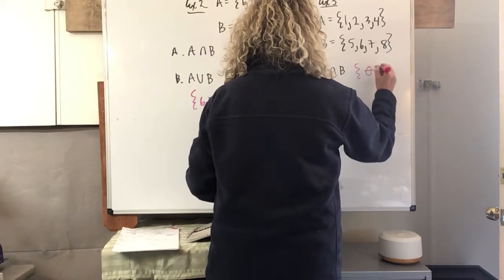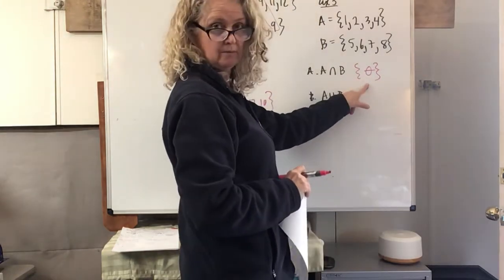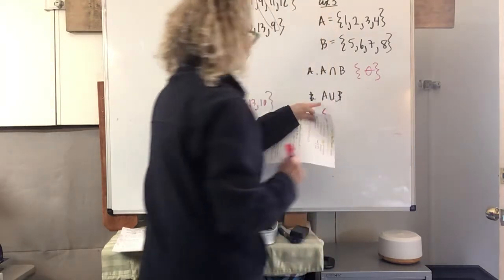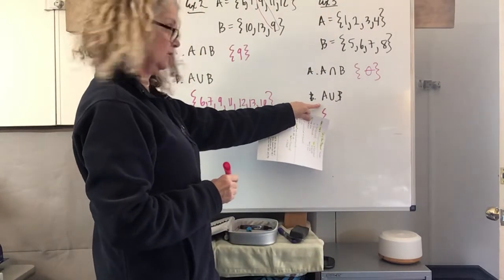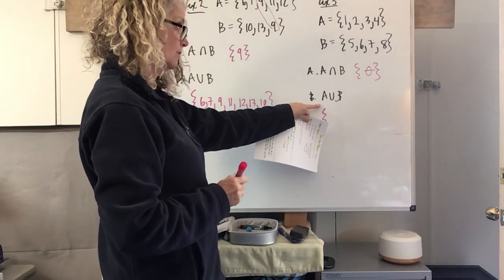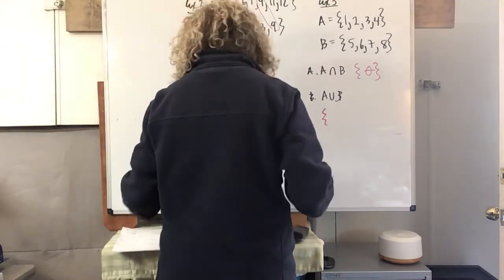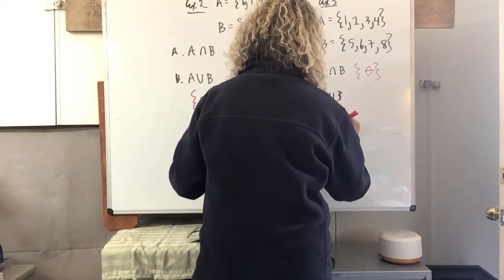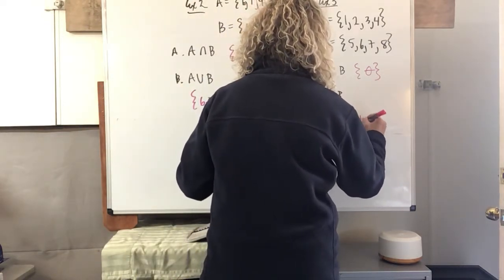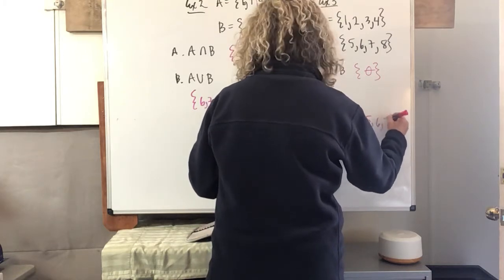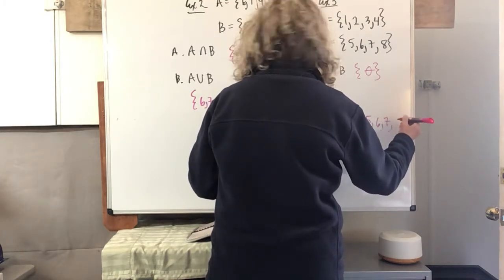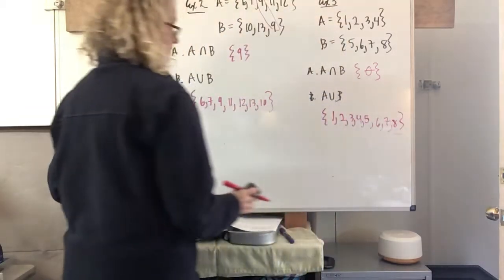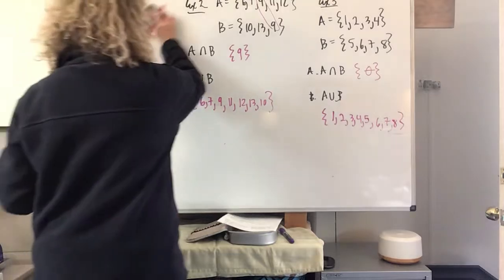And so this means empty set or null, meaning they have nothing in common. Here, we're looking for the union, and hopefully you remember that union means or. So that would be on either set. That would give us 1, 2, 3, 4, 5, 6, 7, and 8. And there we go for example 3.